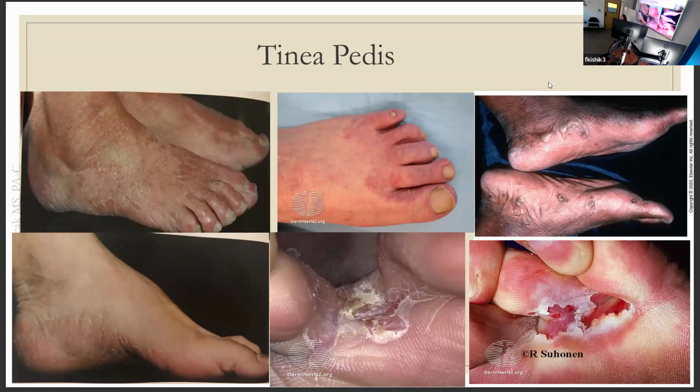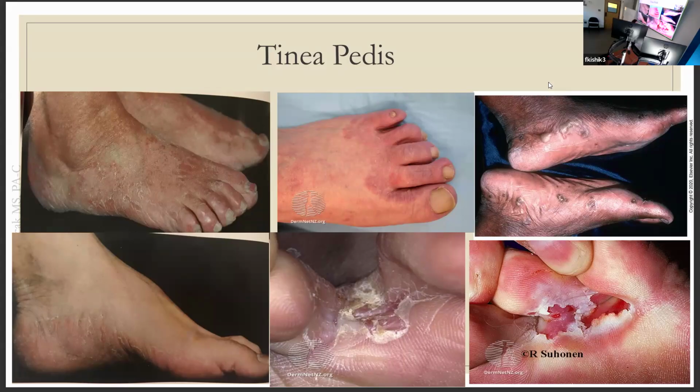You're going to have more of a hyperkeratotic, scaly presentation with variable erythema that's going to affect the sole of the foot, the lateral aspect of the foot, and then over the top, almost as if someone was wearing a moccasin type of shoe. That's why it's called the moccasin pattern.